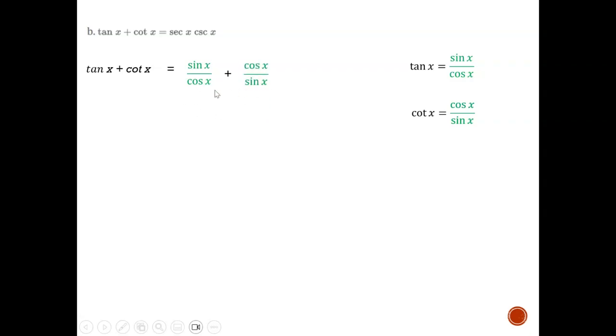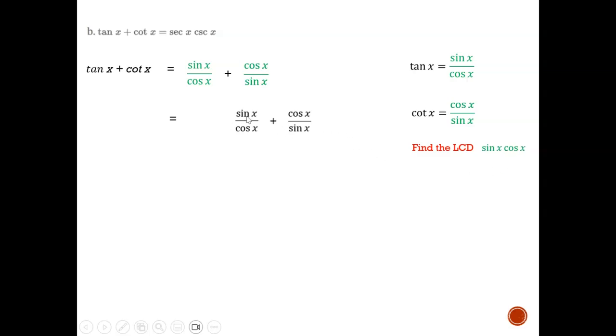Now here, guys, we have to add them. To add them, we have to find the LCD, the least common denominator. The LCD is going to be cosine x sine x.